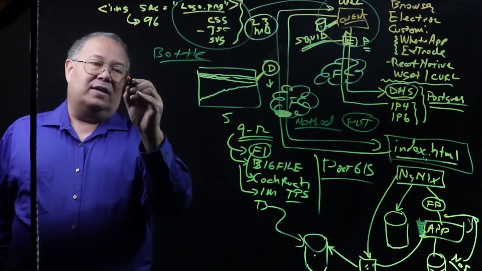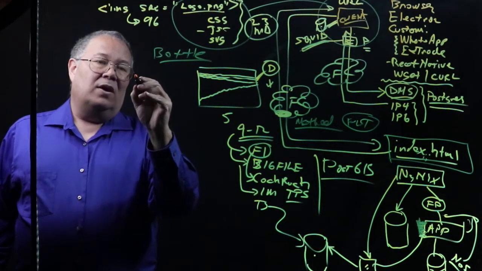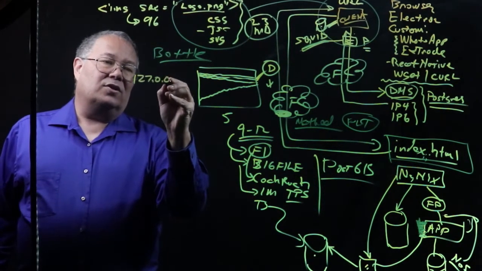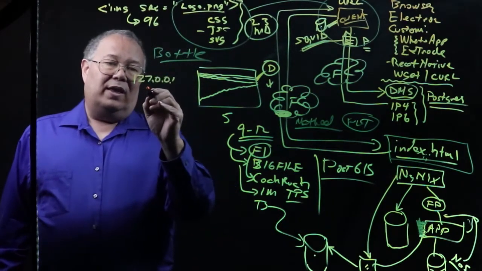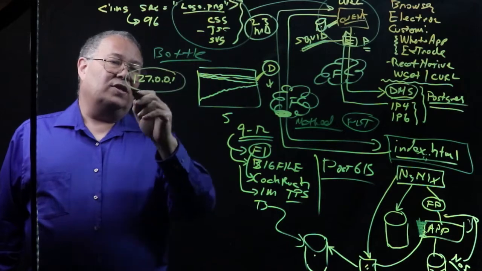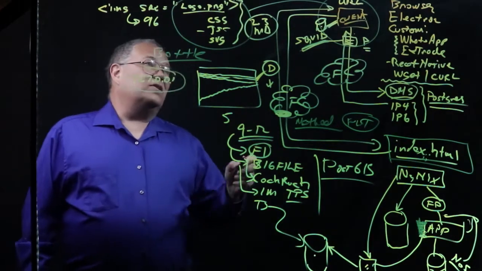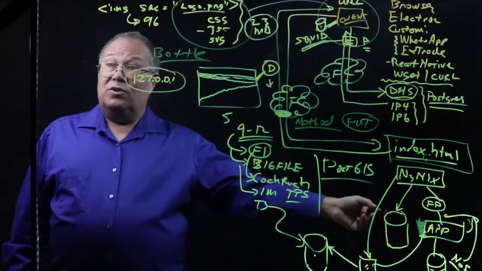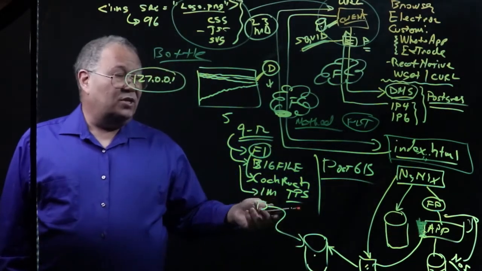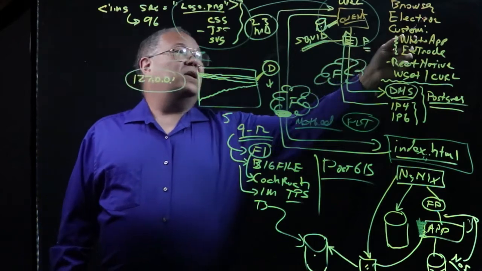And that is 127.0.0.1 as an IP version 4 address. Or there is an IP version 6 address for this if you're on a Mac. But that means that your client can talk to a server on your system. And when we do this with your client talking to a server on your system, we're doing exactly what Electron does.